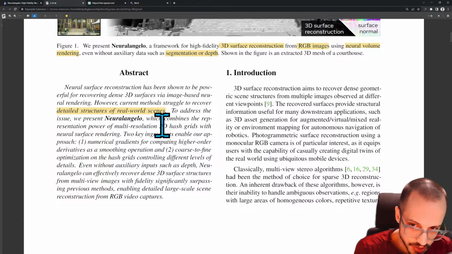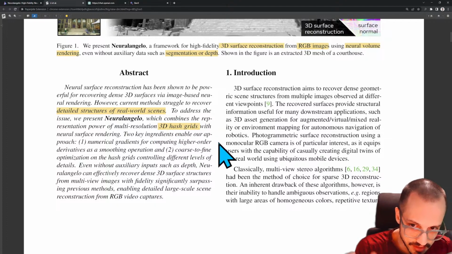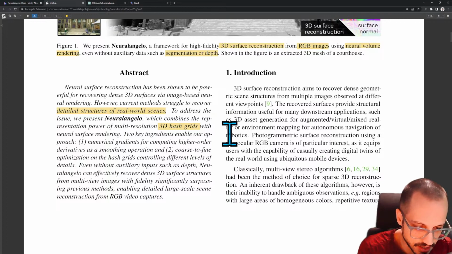But a 3D hash grid is basically the same idea. Think about a table where there's some kind of key, which is the 3D position in space, and that maps to some kind of value that you're storing there, right? So it's basically like you index an entire 3D volume, and then you can quickly access things inside there.